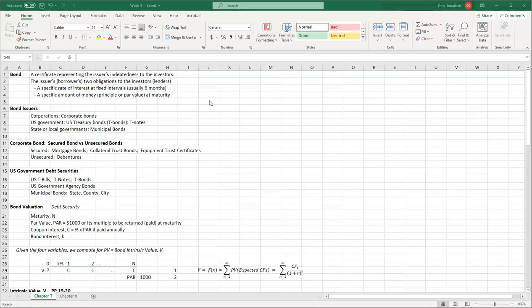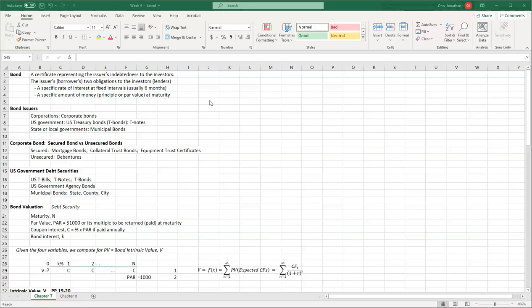Naturally, mortgage bonds are popular in the real estate industry, collateral trust bonds are popular in the financial or investment industry, and equipment trust certificates are popular in the transportation industry. Unsecured bonds are called debentures. Debentures are not secured by any asset or property.